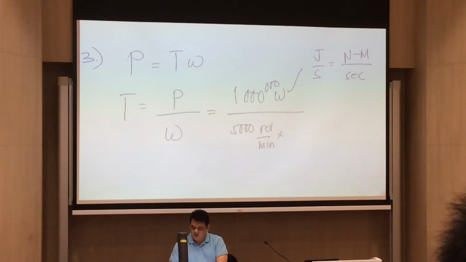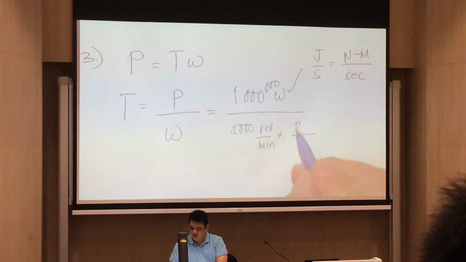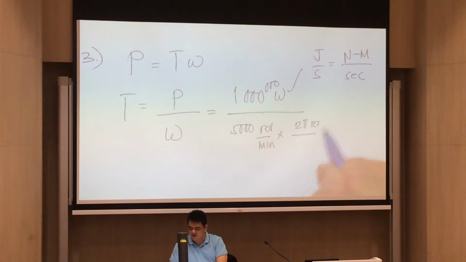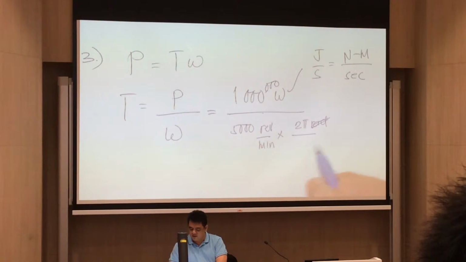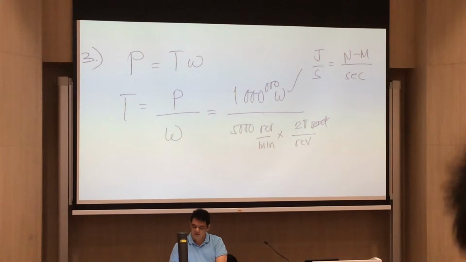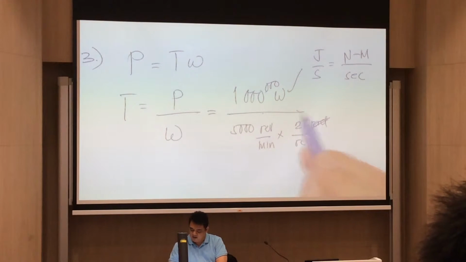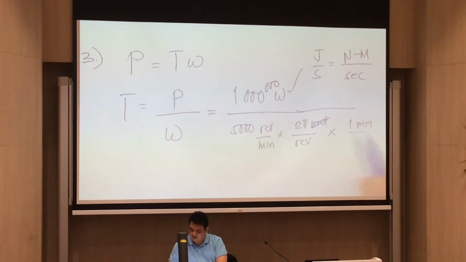So what will be our conversion? We multiply this one with 2 pi radians, so unitless now. So I can just remove that per revolution. And then that's a minute, so I multiply this one with 1 minute all over 60 seconds. So minute cancels out, revolution cancels out.